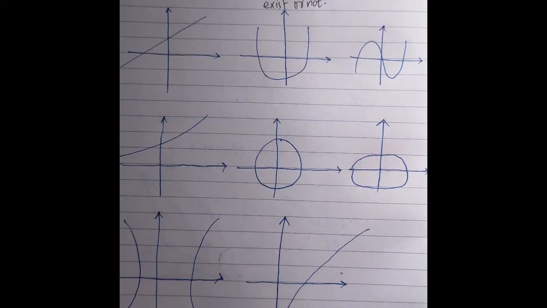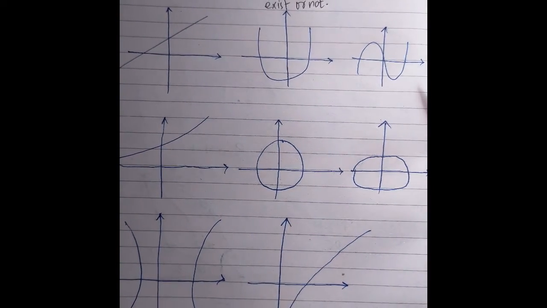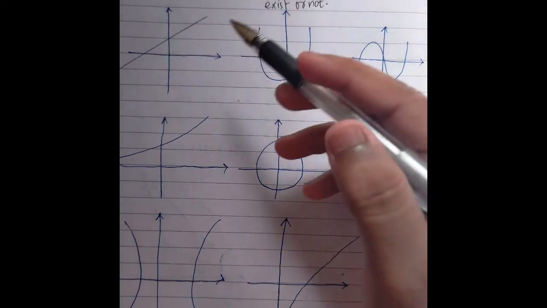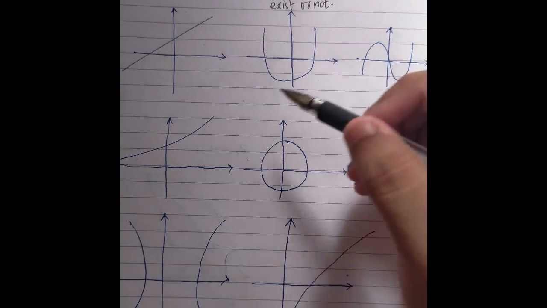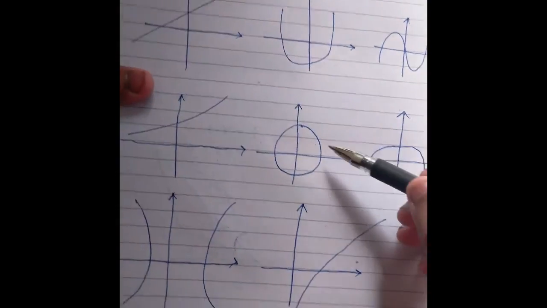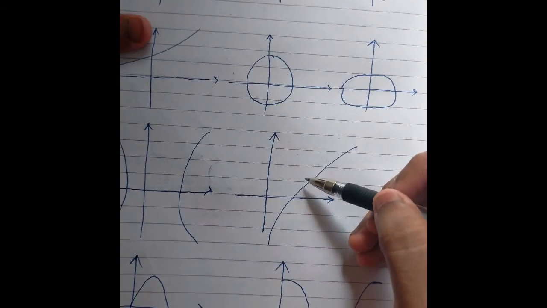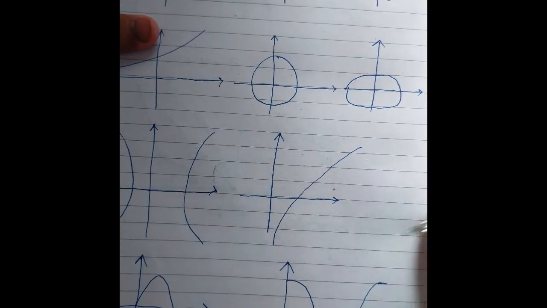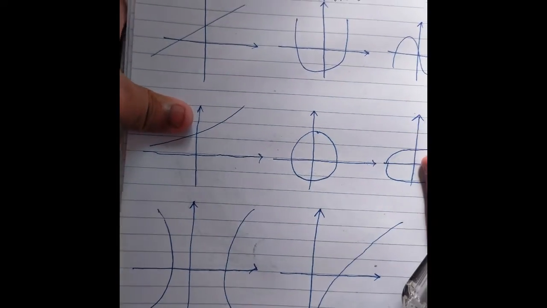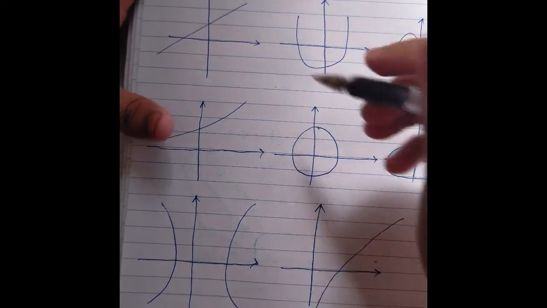So now we will be performing some tests on these graphs. This is linear, quadratic, cubic, exponential, circle, elliptical function, hyperbola, log, sine and cos function. So first we are going to do the vertical line test.